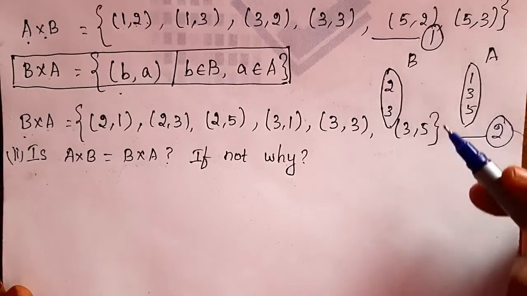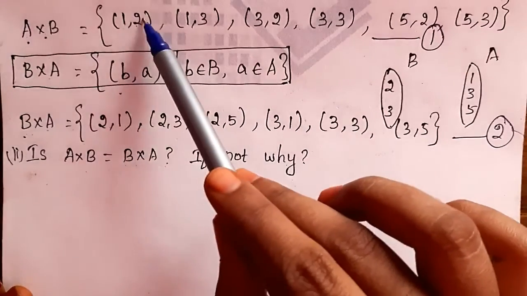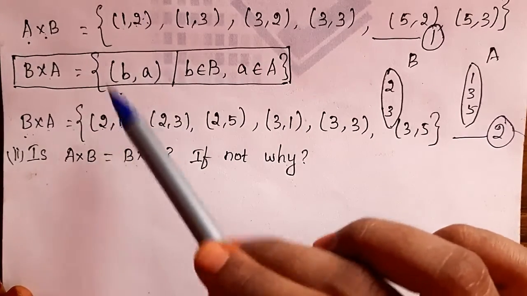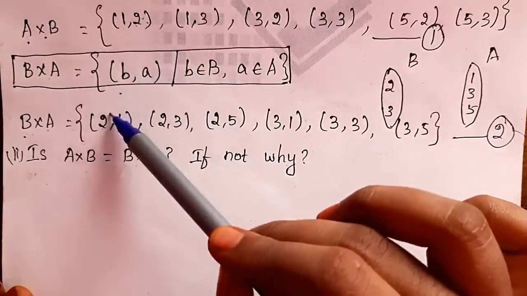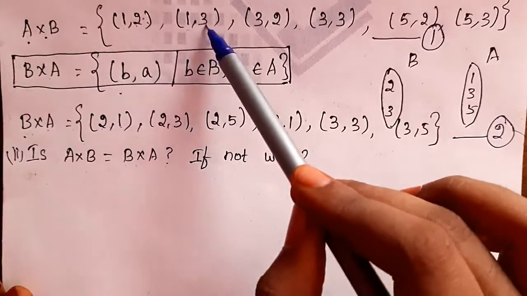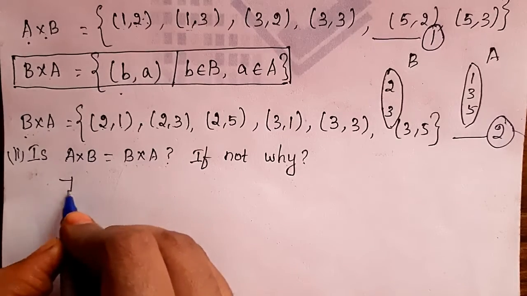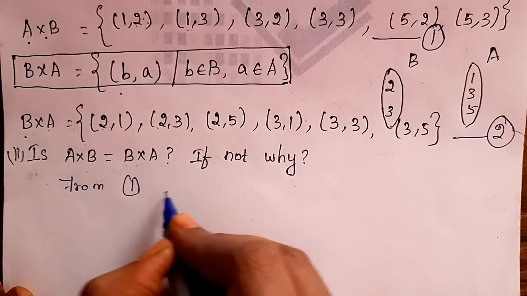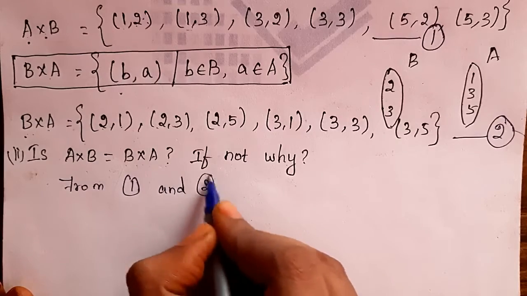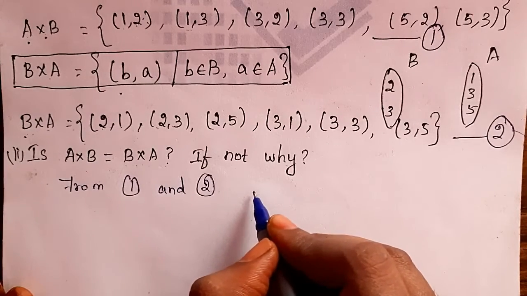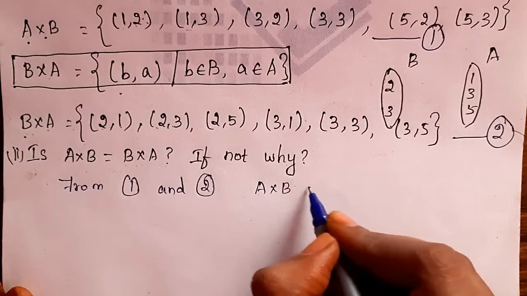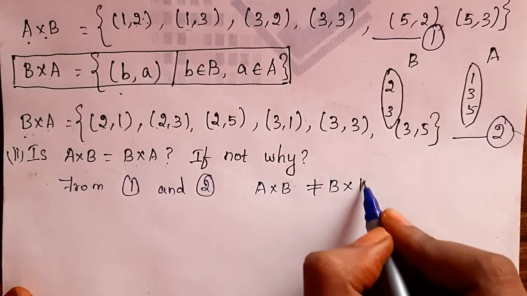When you compare both, look at 1, 2 and 2, 1. Whether both are the same? No, both are different. 1, 3, here 2, 3. Totally both are different. So from 1 and 2, A cross B is not equal to B cross A.